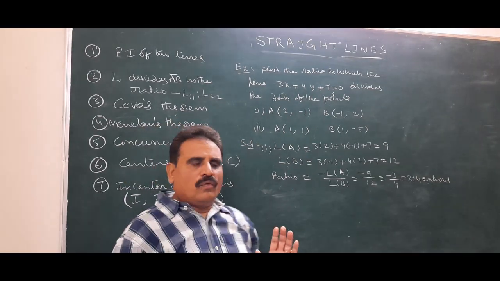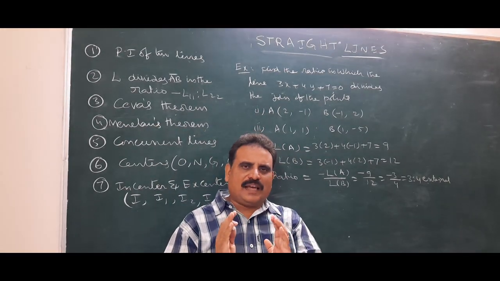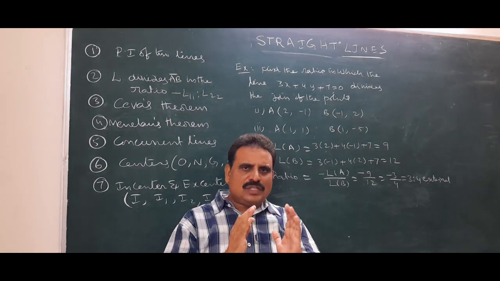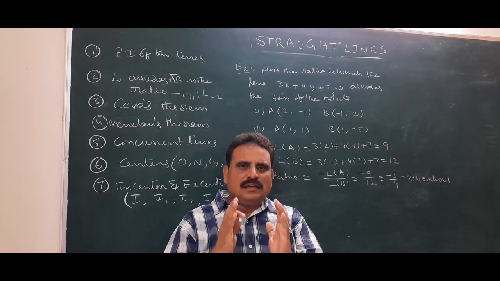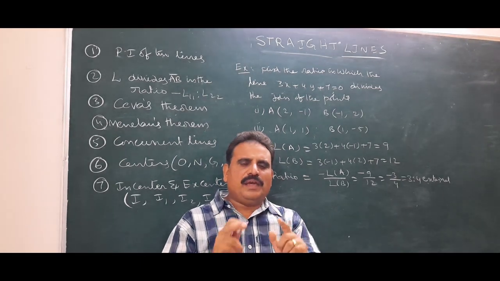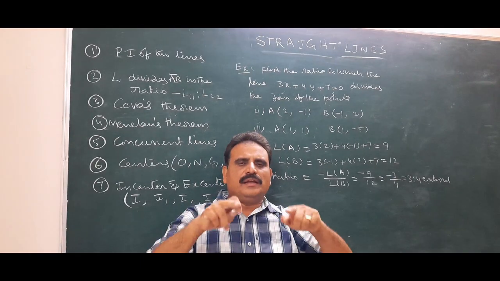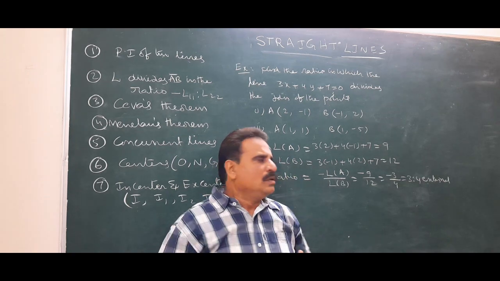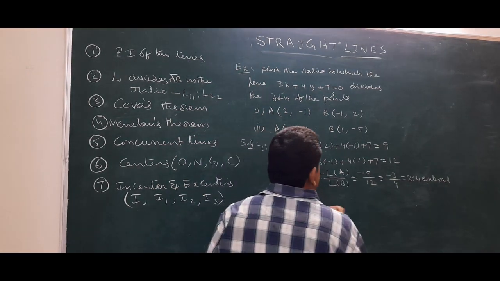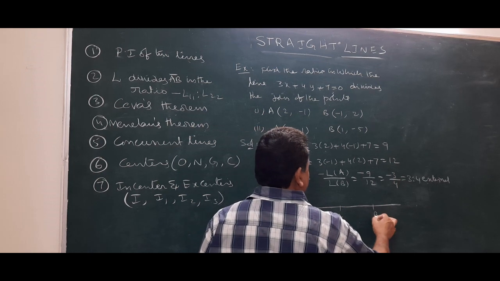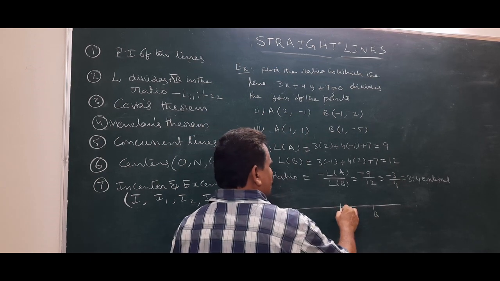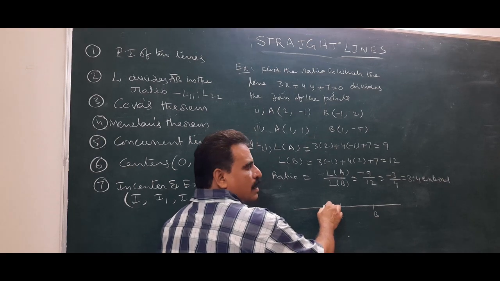So, what is the position of the segment and the line? 3 is to 4. A and B are 2 points. L divides the segment AB, extended AB, that is a line. Somewhere A and B are there. 3 is to 4. A here, B here. Like this.